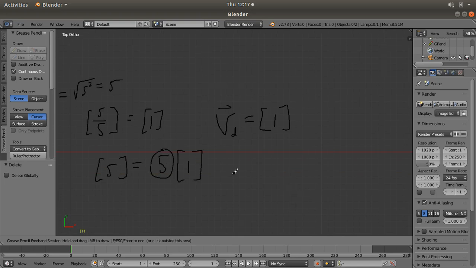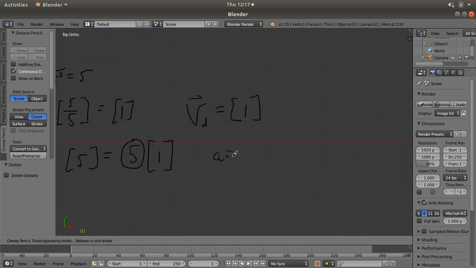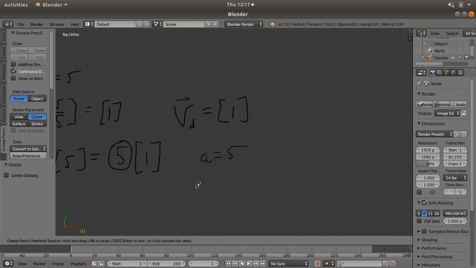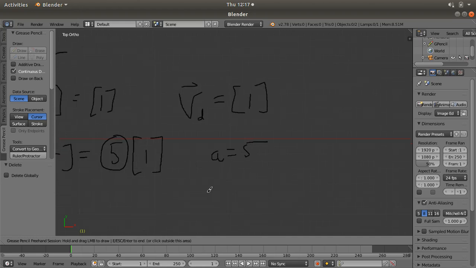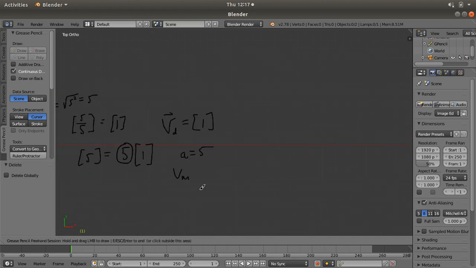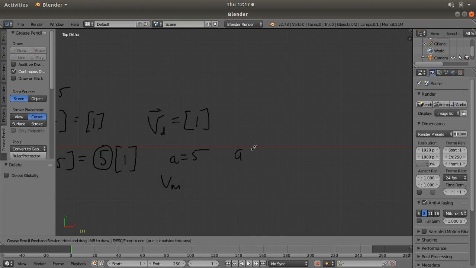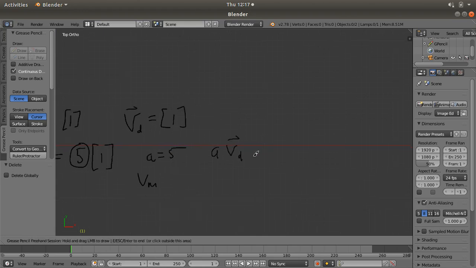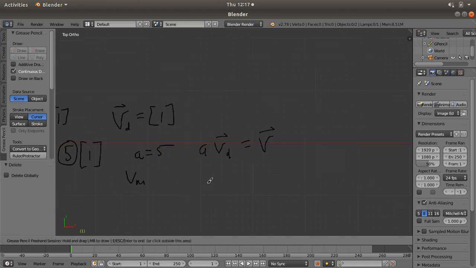You could call it a, or you could call it the magnitude, and you can write the direction of v times the magnitude of v is equal to v. A lot of different ways to write it.